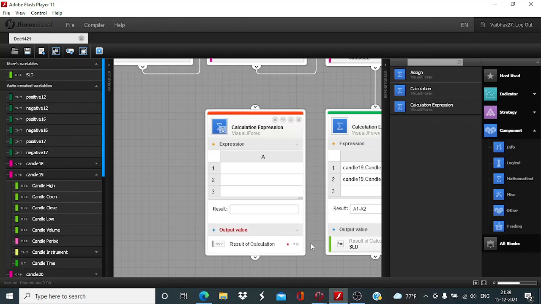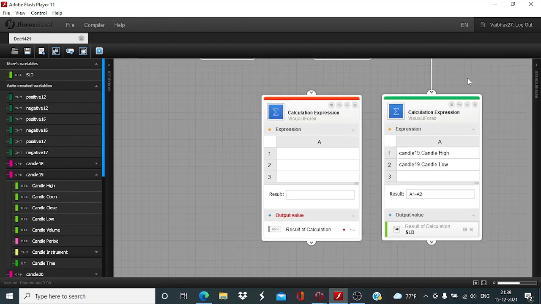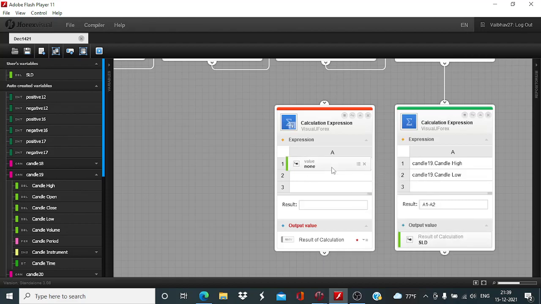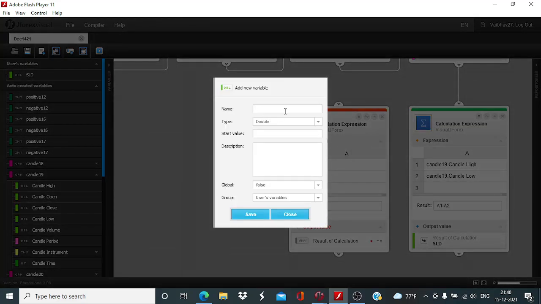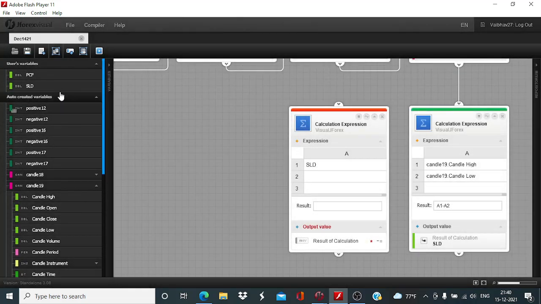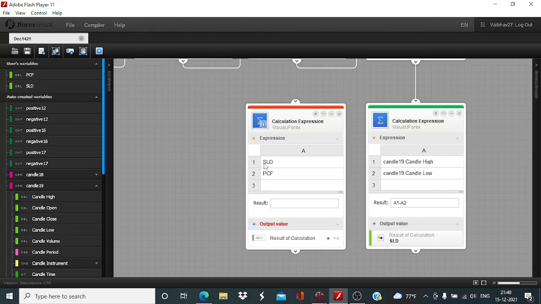So for that I will have to take it and multiply it with 10 raised to the power 2, as USD JPY has 2 decimal points. So the pip conversion factor will have to be defined. I will name it PCF. It will have the value of 100. Okay, so whatever is the difference in terms of pip, it will be converted into the integer. Okay, so this will be A1 into A2.